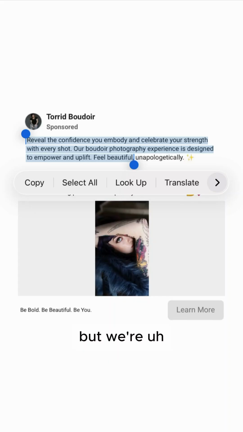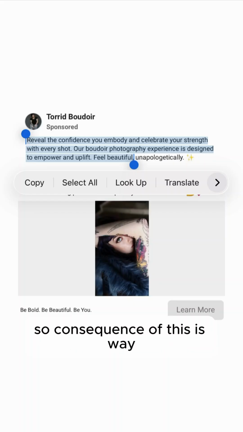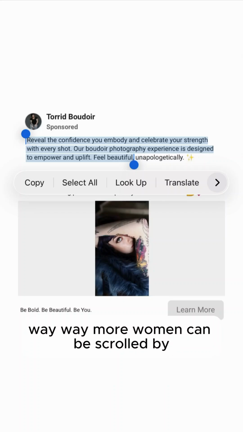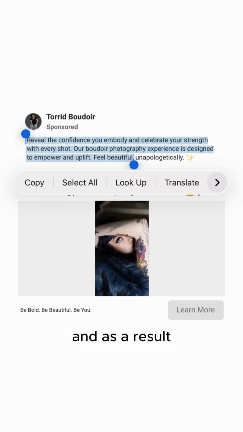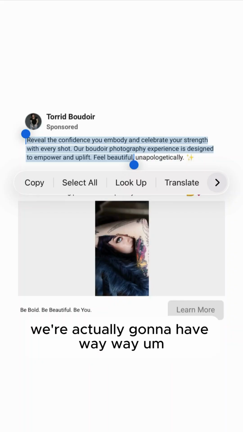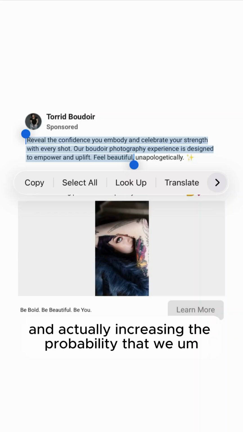But we're not up at the top of the hump with this. The consequence of this is way more women are gonna be scrolling by our Facebook ads than necessary, and as a result, it's gonna be pulling our unique CTRL under 6%, and actually increasing the probability that we have BLCS.